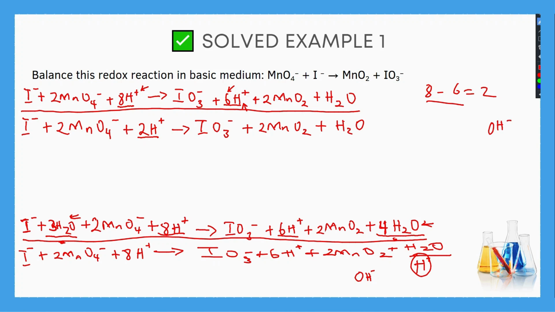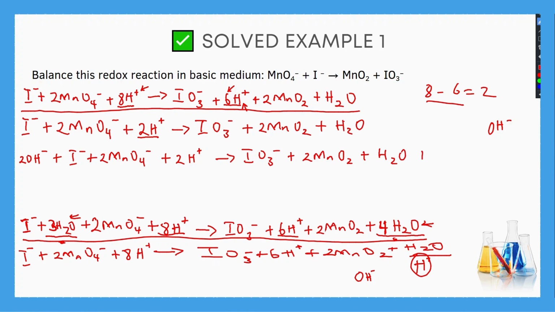So that gives us 2OH⁻ + I⁻ + 2MnO4⁻ + 2H⁺, giving us IO3⁻ + 2MnO2 + H2O. Remember, we'll also add 2OH⁻ to the other side. So we've done that now.